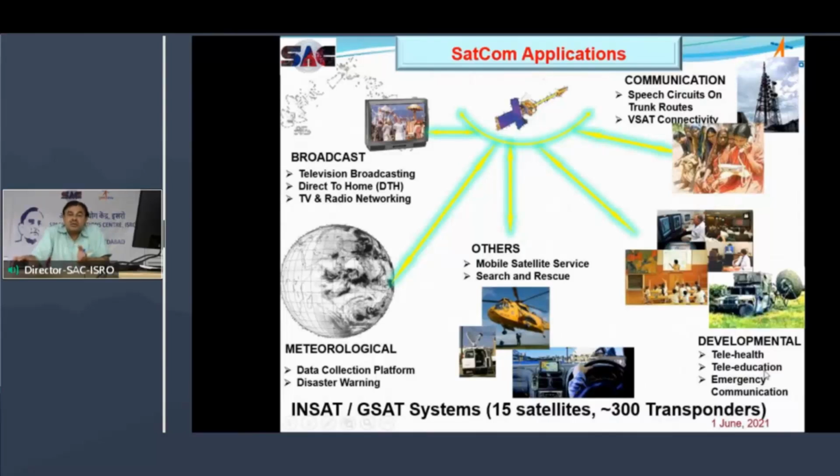Then education, especially for your children, when you are sitting at your home or in your school, you can teach the students sitting at their home. So all these things we can do, tele-education. So telemedicine and tele-education, importance of that we realized during this pandemic. Right now we do it through internet also, but satellite also plays a major role in providing a backup structure for all these telemedicine and tele-education.